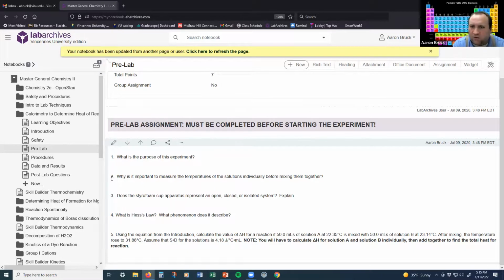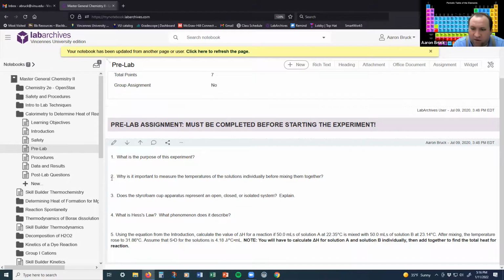We can't make an argument for isolated. Remember, isolated systems do not have any energy transfer inside of them, and we are certainly going to experience some heat loss in the use of this calorimeter. That's how they work. I just described what Hess's law is, so you should be able to do that.